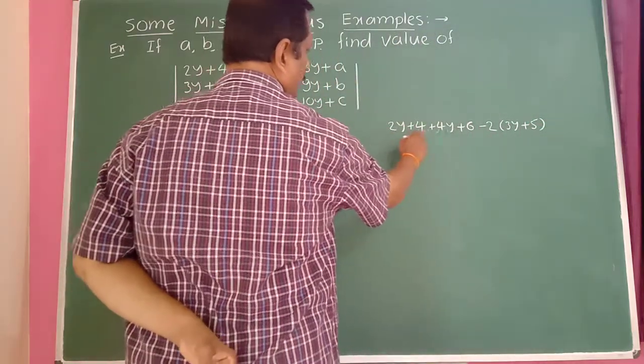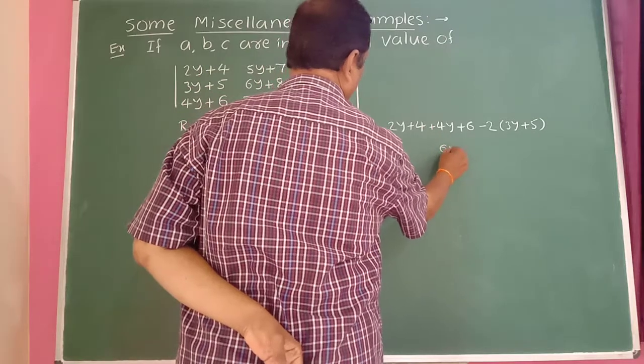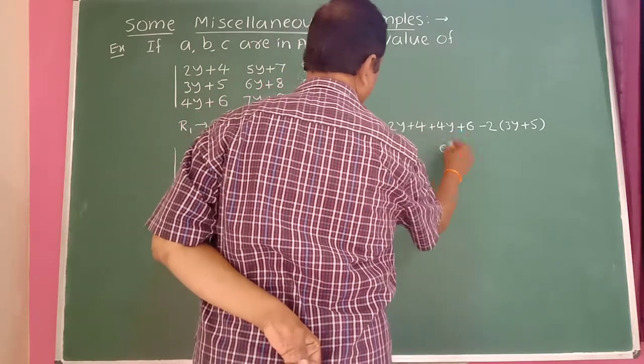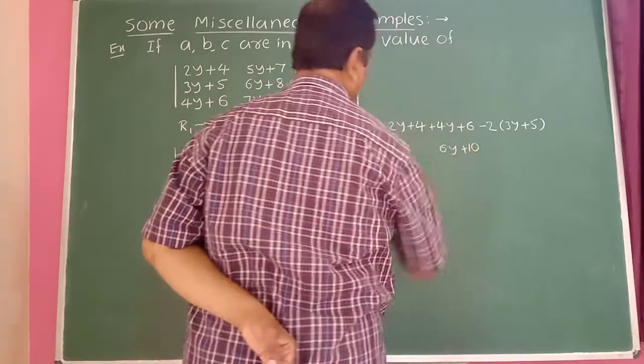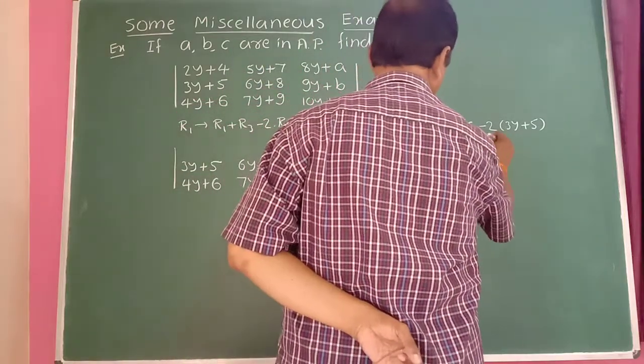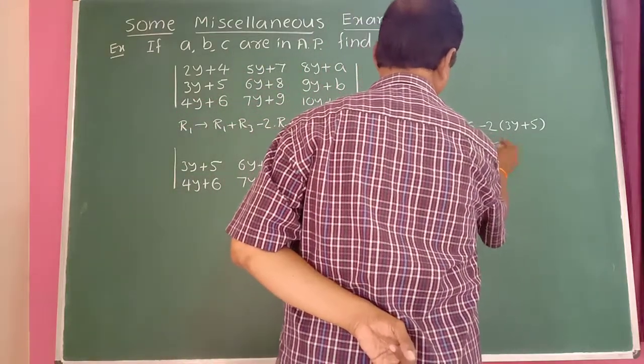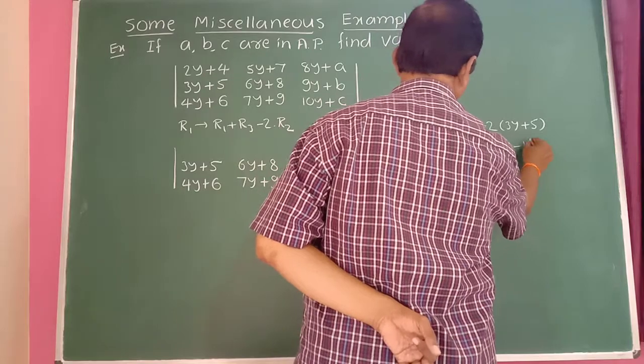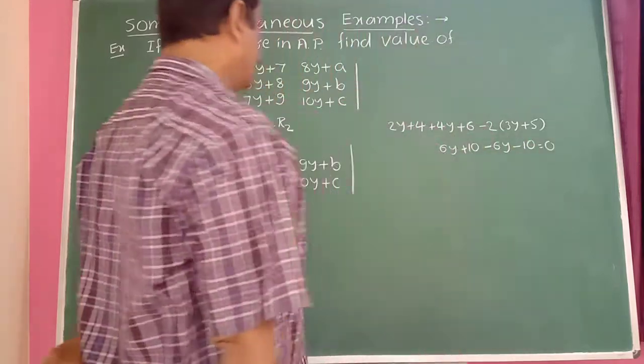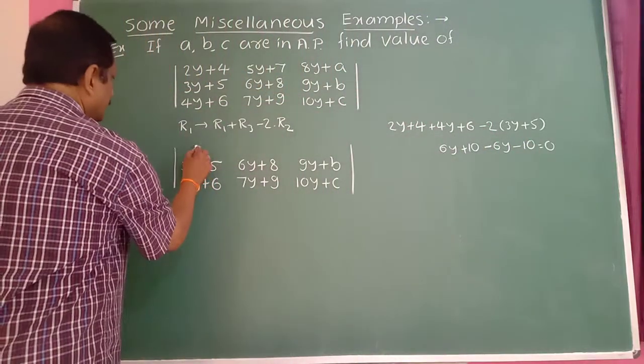Here 2y plus 4y becomes 6y, 6 plus 4 becomes 10 plus 10. Take it inside: 2 3s are 6, minus 6y; 2 5s are 10, minus 10. It becomes a 0.